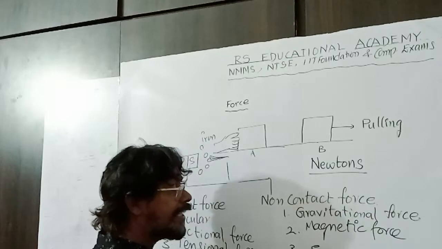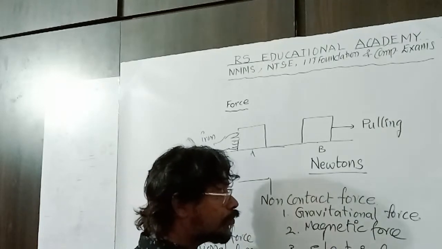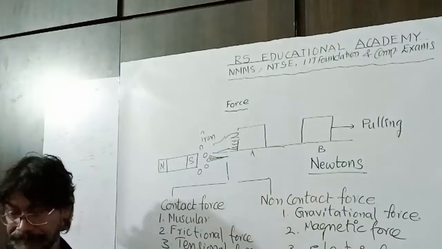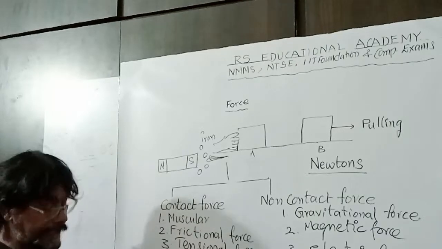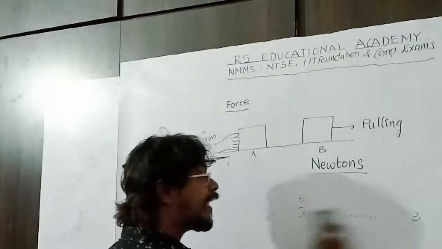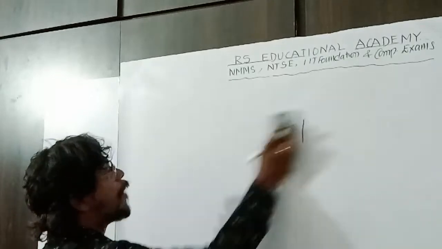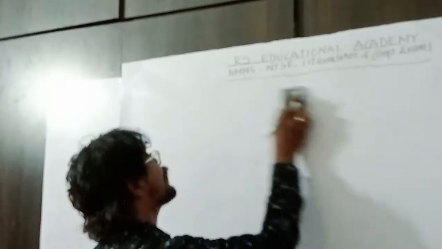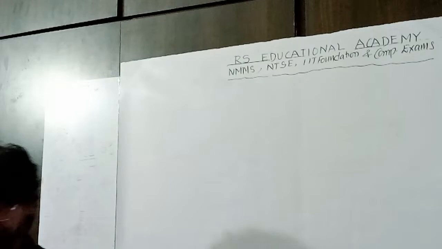And the third one is electric force. If you take a comb and rub it, then it attracts small pieces of paper. That is called electrostatic force.